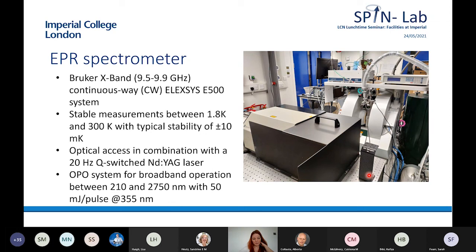The spectrometer is coupled with a 20 Hz Q-switched YAG laser and with an optical parametric oscillator, known as OPO. This enables broadband operation between 410 and 2750 nanometers to study transient phenomena.